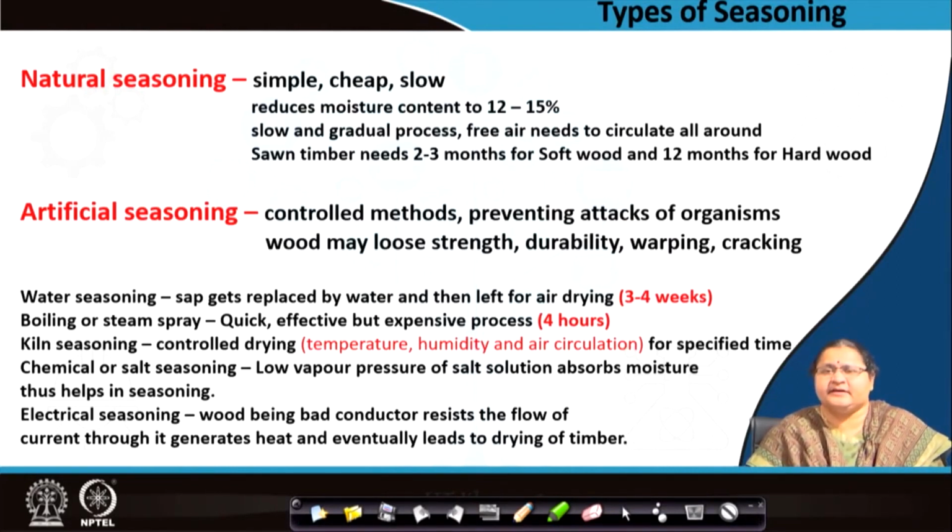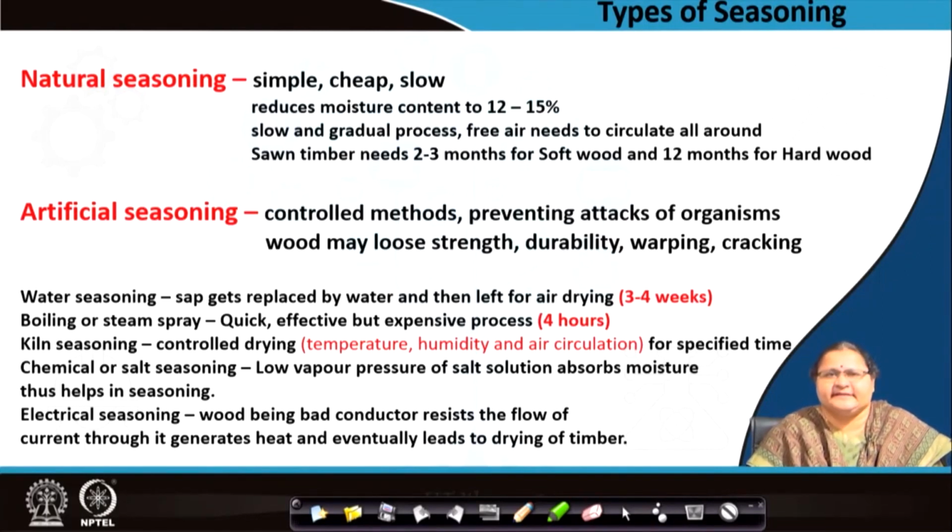But this is again an expensive process, because you can understand the logs of trees are few feet long and even 1 to 2 feet wide, and then you are allowing it to get boiled in boiling water. So, the volume of water required to boil, etc., you need a lot of energy in it. Maybe you are getting the work done in 4 to 5 hours.